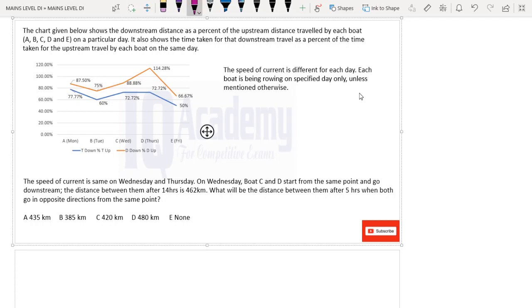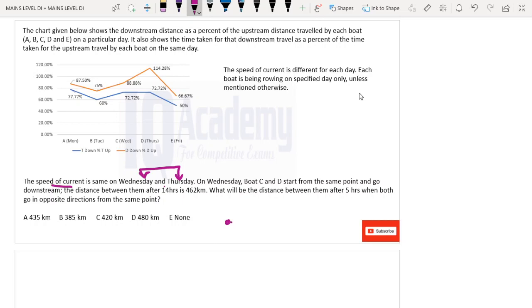The speed of the current is same on Wednesday and Thursday. So speed of the current means the river speed. The speed is same on Wednesday and Thursday. And on Wednesday, both C and D start from the same point and go in the downstream direction.